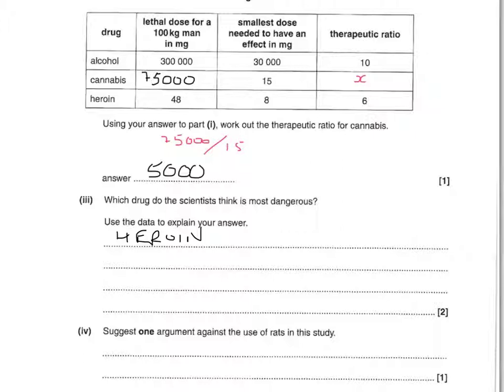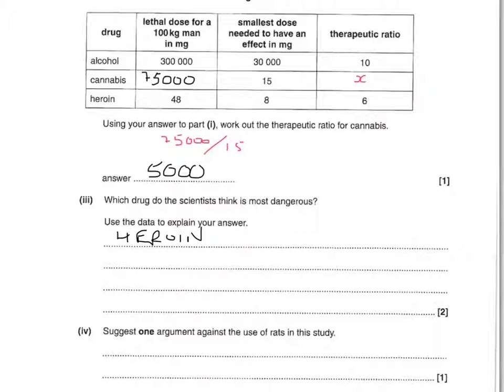Any 2 of these 3 things you get the marks for. So a mark for saying it has the smallest lethal dose, a mark for saying it has the smallest therapeutic ratio. You could get a mark for saying it's most likely to have an overdose, as the smallest dose needed to have an effect is closest to the lethal dose.